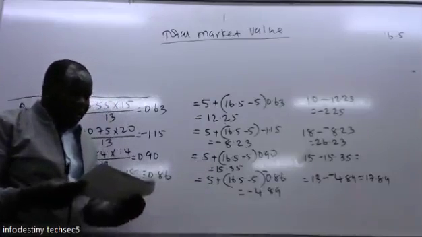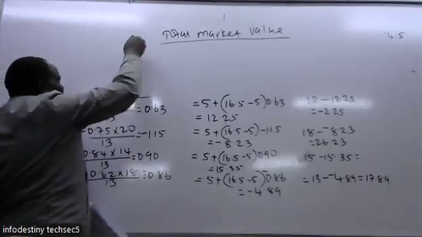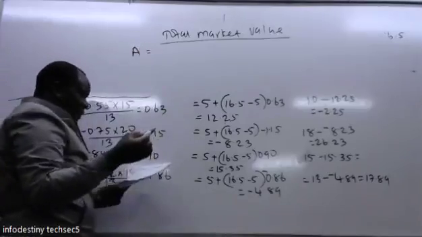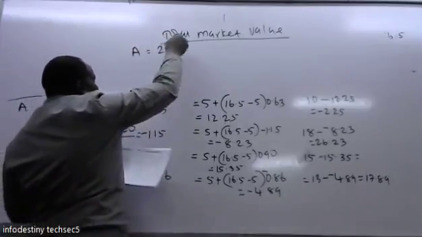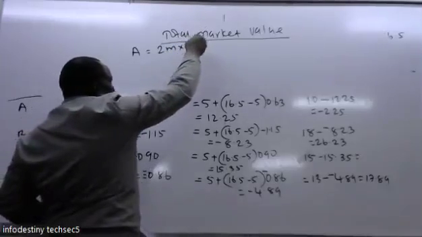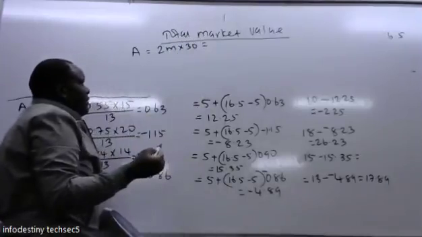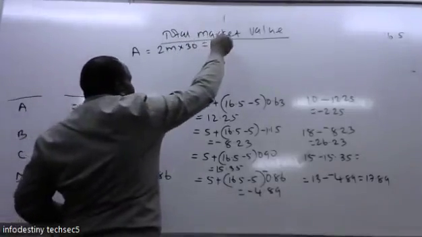So we start off with stock A. For stock A, the number of shares is 2 million, and the market price per share was given as 30. That should be 60 million.